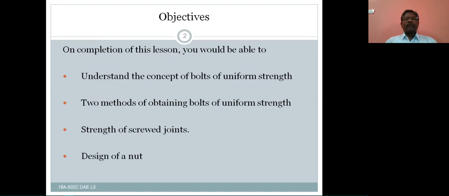These four objectives we are going to discuss in this lesson.